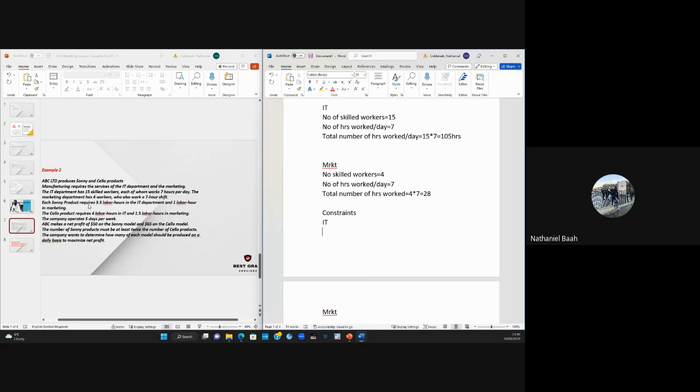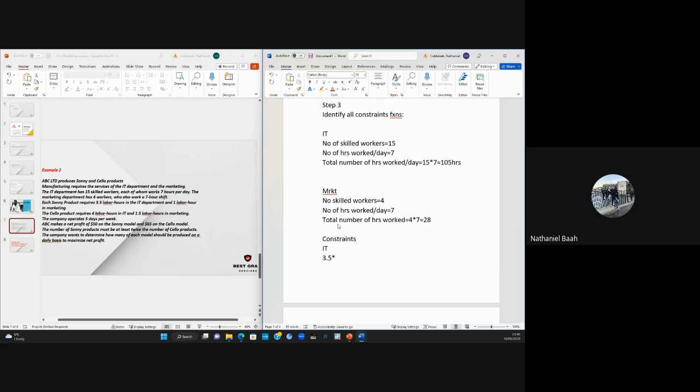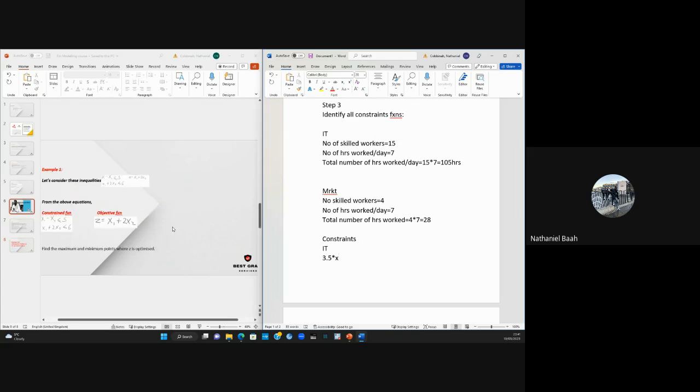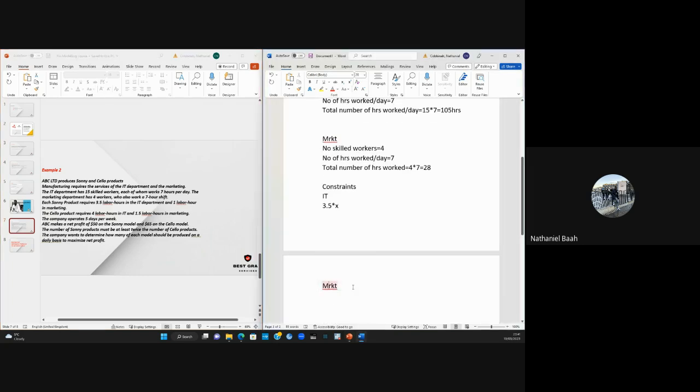Let's continue. It says each Sony product requires 3.5 labor hours in the IT department and 1 labor hour in the marketing department. So the IT department requires 3.5 labor hours for each Sony product. So 3.5 multiplied by Sony, which is represented by X. So each Sony product requires 3.5X in the IT department, and 1 labor hour in the marketing department.